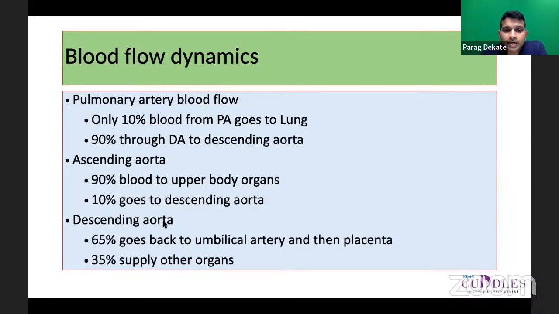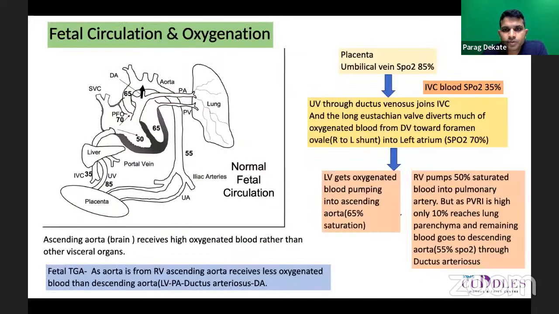What about the descending aorta? You can see 65% of the blood through the descending aorta goes back to the umbilical artery and then the placenta. But 35% of the blood supplies the other organs, comes back to the inferior vena cava, and goes into the RA. You can see the oxygenation content here. The placenta is carrying 85% saturation into the umbilical vein, and the IVC is carrying 35% saturation.